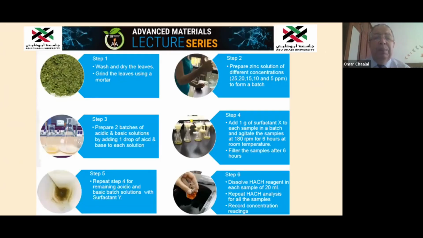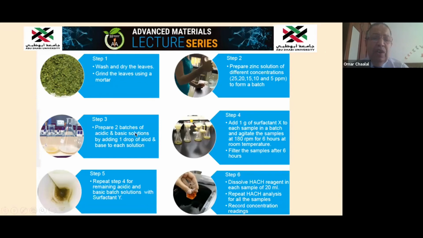How to prepare the surfactant? We take the leaves of the plant, wash them, dry them, and grind them into a powder. And here we prepare a solution. I said I'm taking only zinc as an example, because we don't have time. We prepare two flasks, one acidic and the other basic.